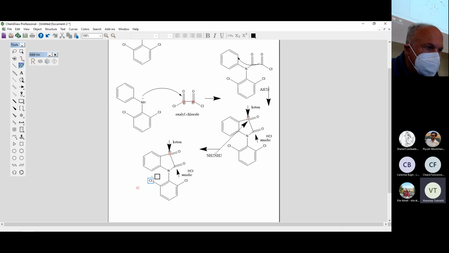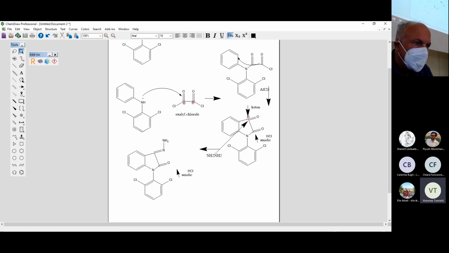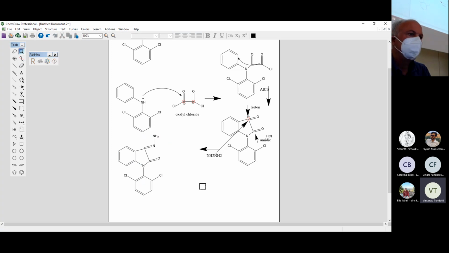Here we have the formation of the hydrazone, the Schiff base, with the loss of a water molecule.